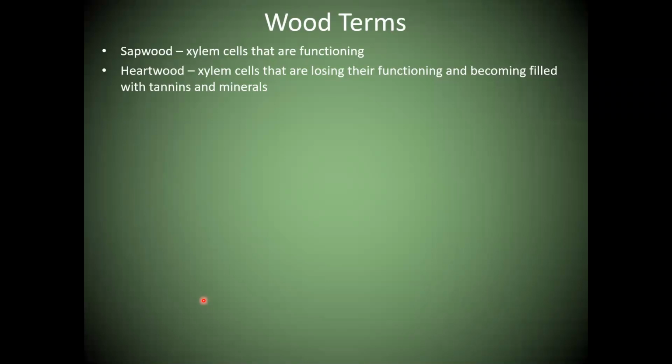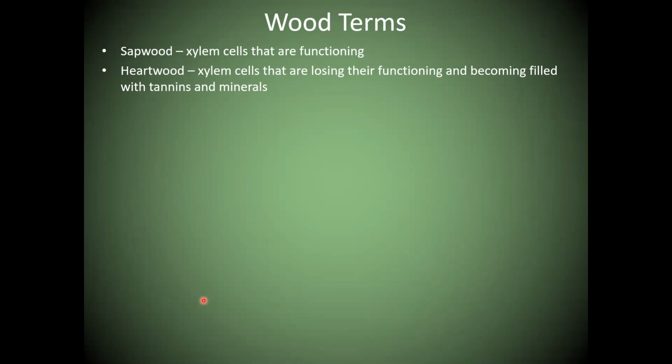Heartwood has xylem cells that are losing their function and becoming filled with tannins and minerals. What happens is that even though xylem are dead tissues, right, they transport water and minerals. With time, those minerals and other dissolved material that they transport will become solidified, suspended, and precipitate within the xylem, right? And sort of block it, clog it.